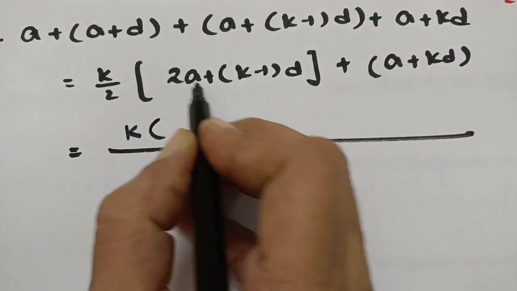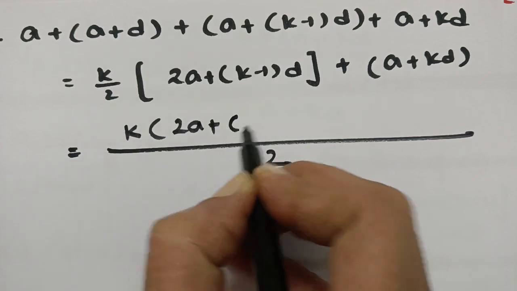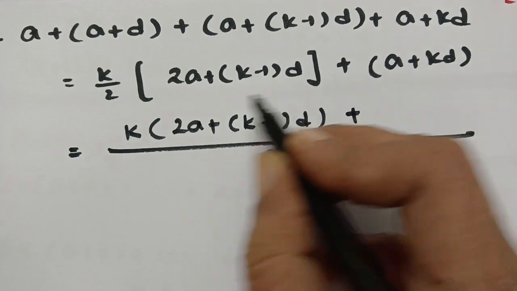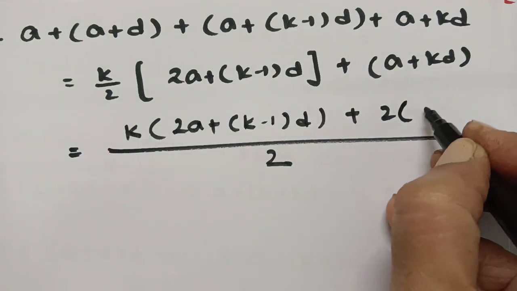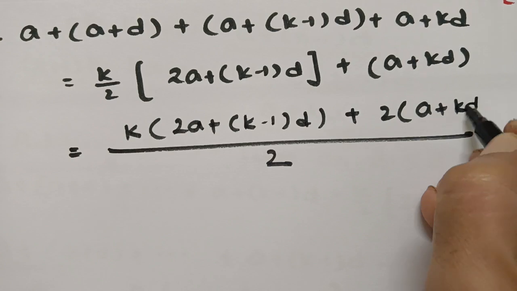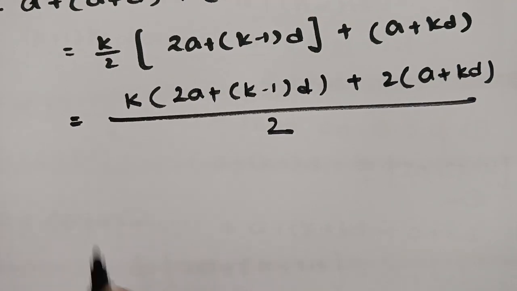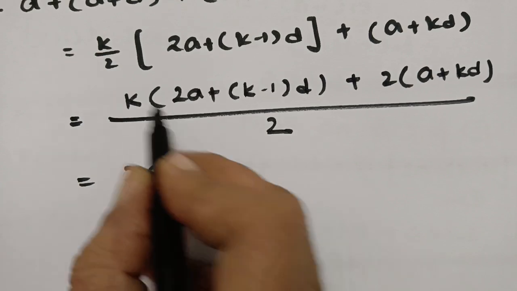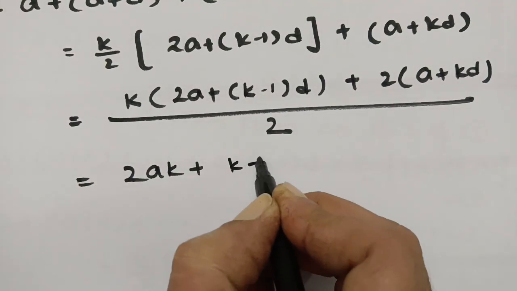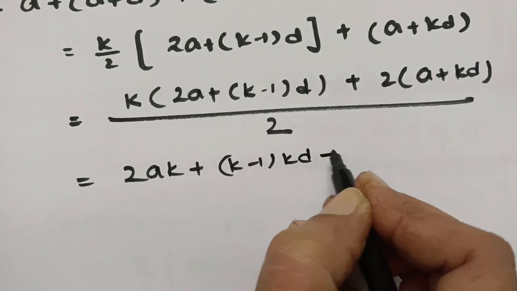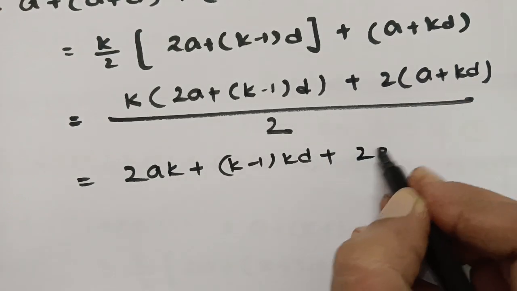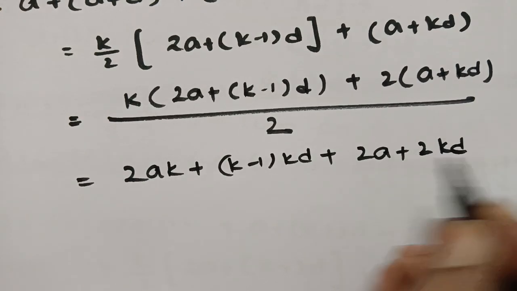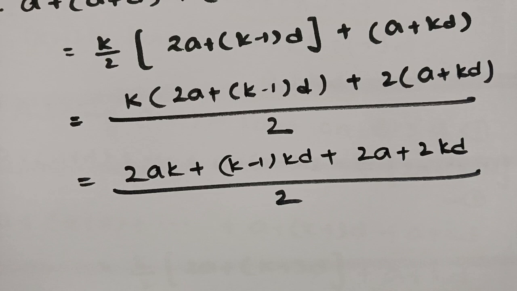This will be k into (2a plus (k minus 1) into d) plus 2 times (a plus kd). Clear? And now if I multiply, this will be 2ak, and multiplying inside, this will be (k minus 1) into kd, and 2a, and 2 into k into d.